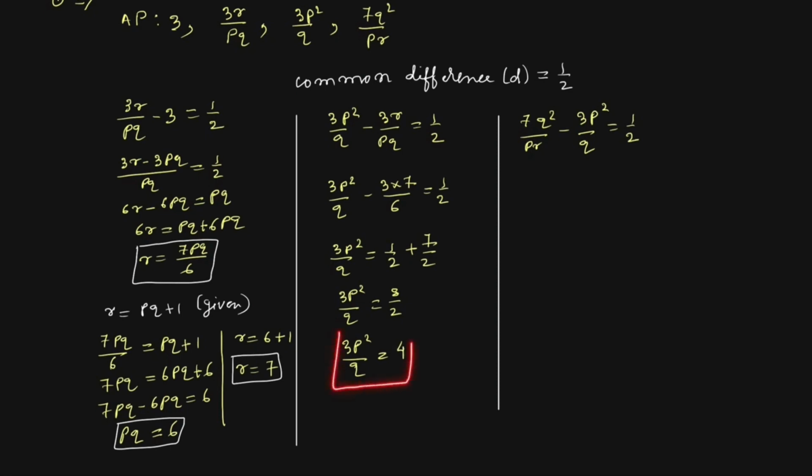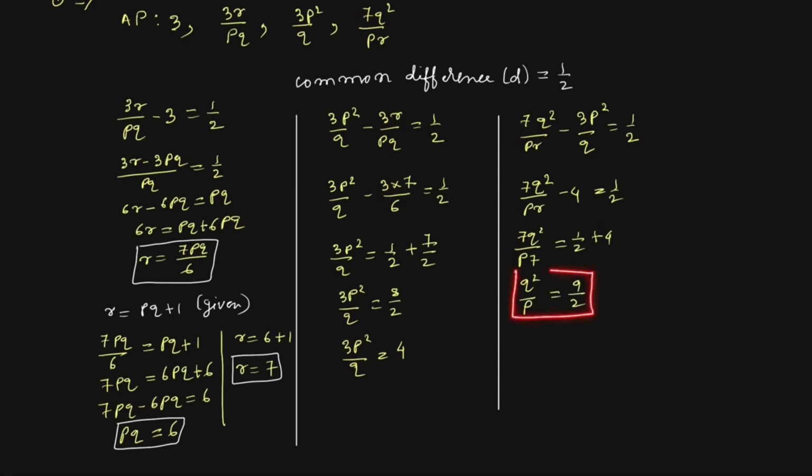Now the value of 3p square by q, we put it here. Then we are able to write 7q square divided by pr minus 4 equal to 1 by 2. 7q square, p in the place of r we write 7, equal to 1 by 2 plus 4, which is equal to q square by p equal to 9 by 2.